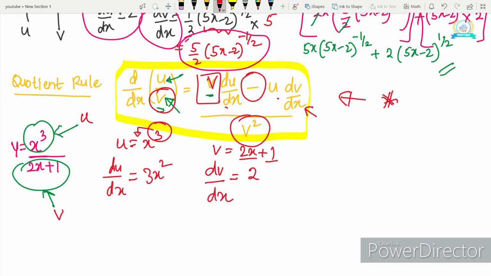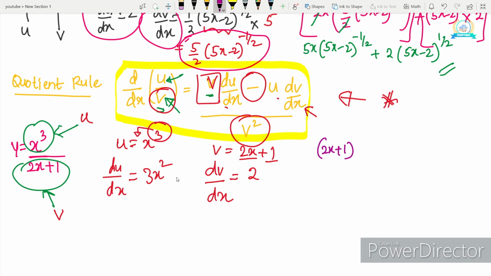I've discussed these key concepts in the previous video, so if you missed it, do watch it. Now you have du over dx and dv over dx, and that's all you need to plug into the first equation, right? The equation says you have to write v first. So what's my v? That's 2x plus 1. Always follow that order and remember the negative sign, and remember to square the function in the denominator too.